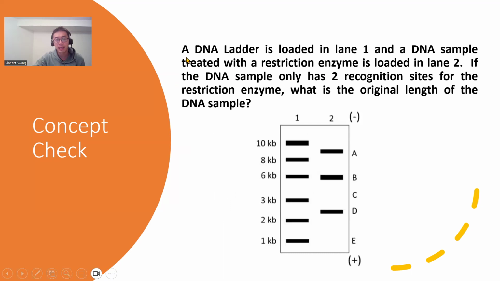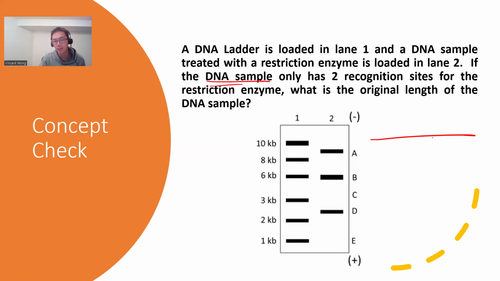Okay. A DNA ladder is loaded in lane 1, and a DNA sample treated with restriction enzyme is loaded in lane 2. If the DNA sample only has 2 recognition sites for the restriction enzyme, what is the original length of the DNA sample? Okay, so this is not a plasmid, it's a DNA sample.